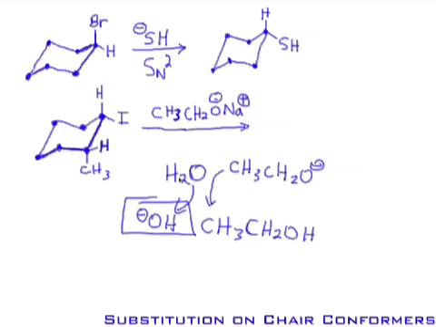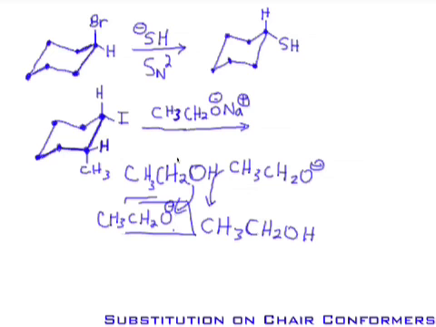Ooh, I got a problem. So what do I use as a solvent? Well, what I use as a solvent is the conjugate acid of the base, CH3CH2OH. Now, if ethoxide deprotonates ethanol, what do I get? Well, I get CH3CH2O minus.